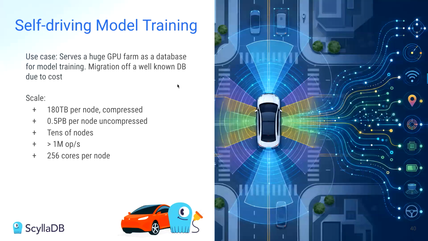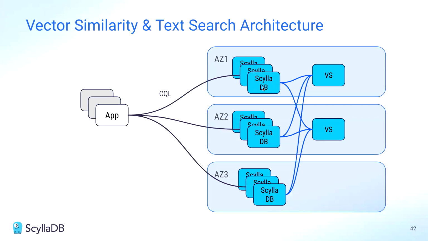Last use case is vector search. Vector search is a more common use case, I would say. And this is how the architecture looks like. We have ScyllaDB nodes, the database nodes, but we have extra nodes that are decoupled from the database, and they work solely on providing vector search.